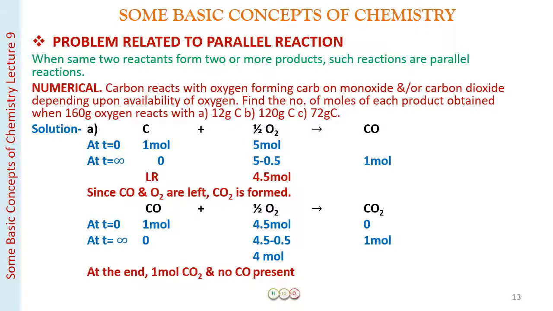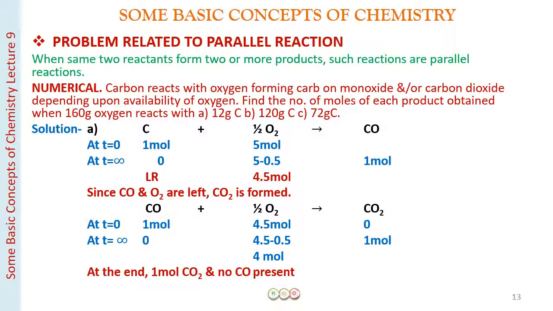So at the end of this complete reaction, what will you have? 1 mole of carbon dioxide and no carbon monoxide. Plus what would be left behind? That would be excess of the oxygen, which was 4 mole, right? So out of carbon monoxide and carbon dioxide, only 1 mole of carbon dioxide is being formed.